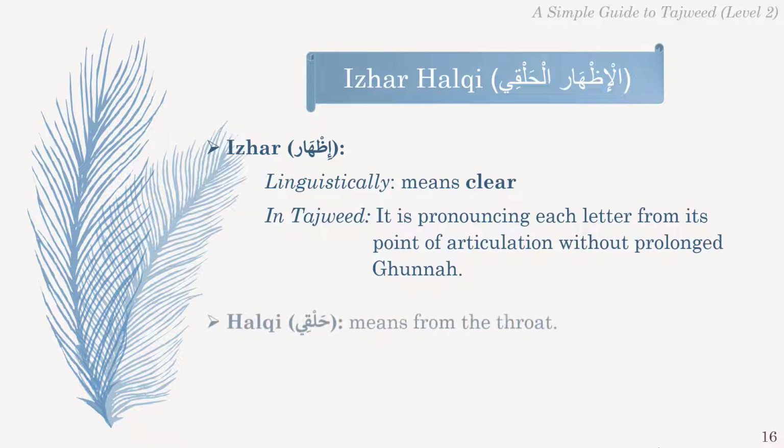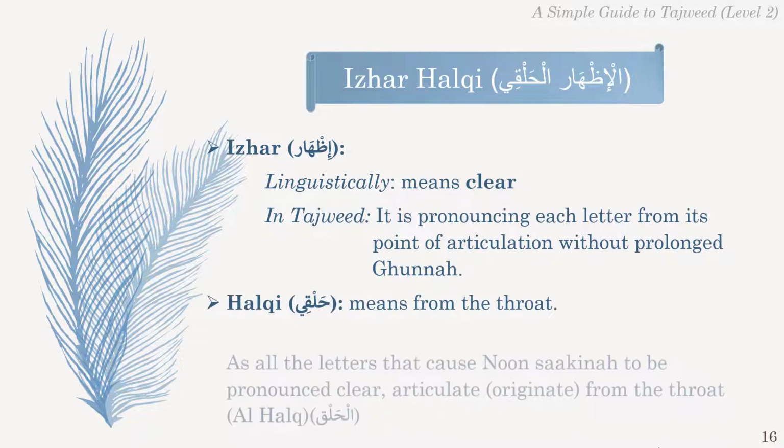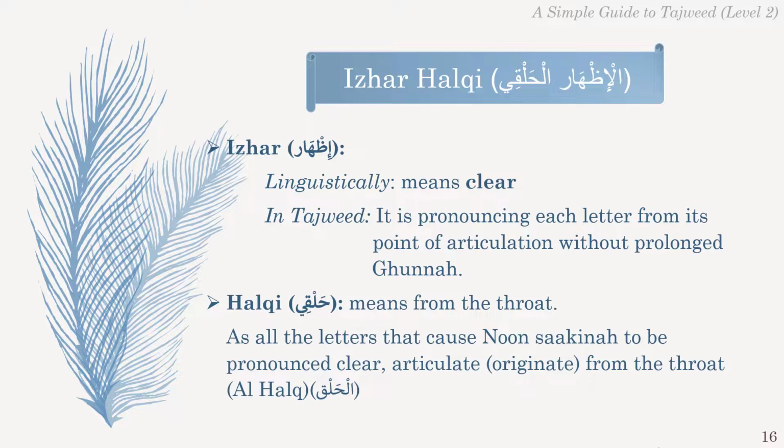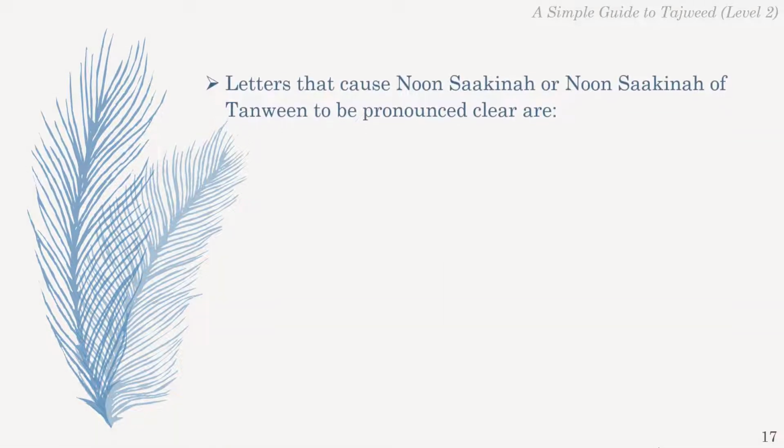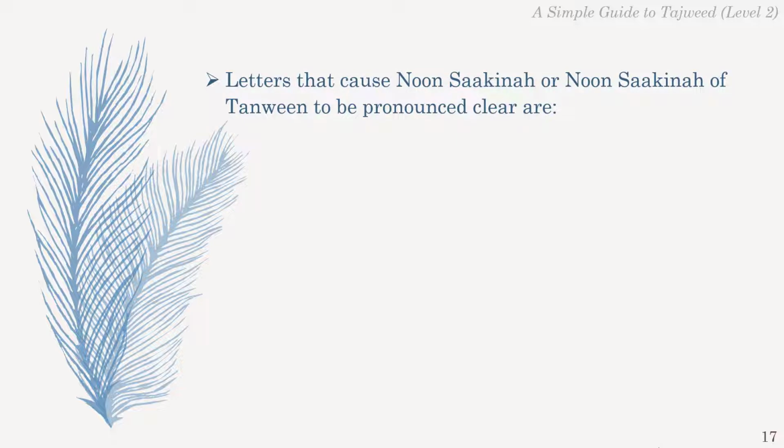Halqi means from the throat, as all the letters that cause Noon Saakinah to be pronounced clear articulate from the throat, al-halq. Letters that cause Noon Saakinah or Noon Saakinah of Tanween to be pronounced clear are Hamza, Ha, Ain, Ha, Ghain, or Kha.